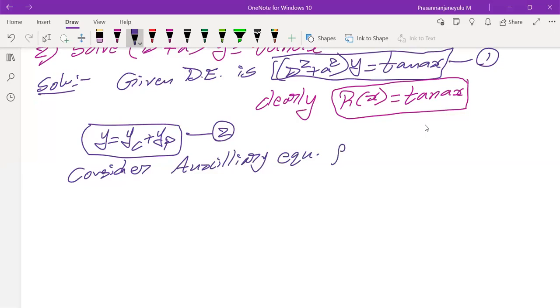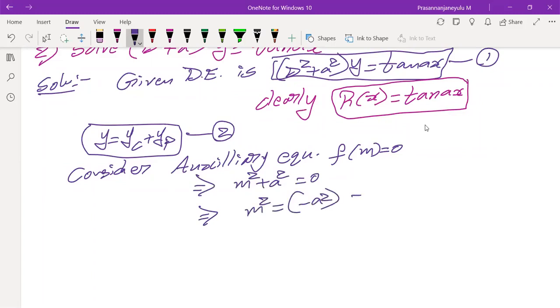When we consider the auxiliary equation f of m equals 0, what are we going to get? m square plus a square equals 0. That implies m square equals minus a square. Minus a square is nothing but we can write it as i square into a square, or ia whole square. Now, what are the values of m we are going to get? m equals plus or minus ia.